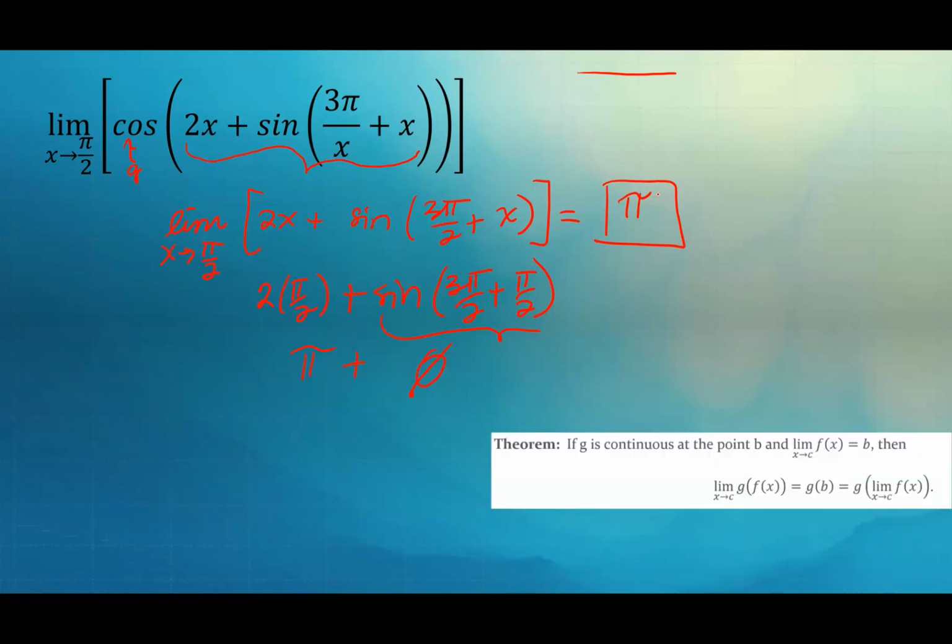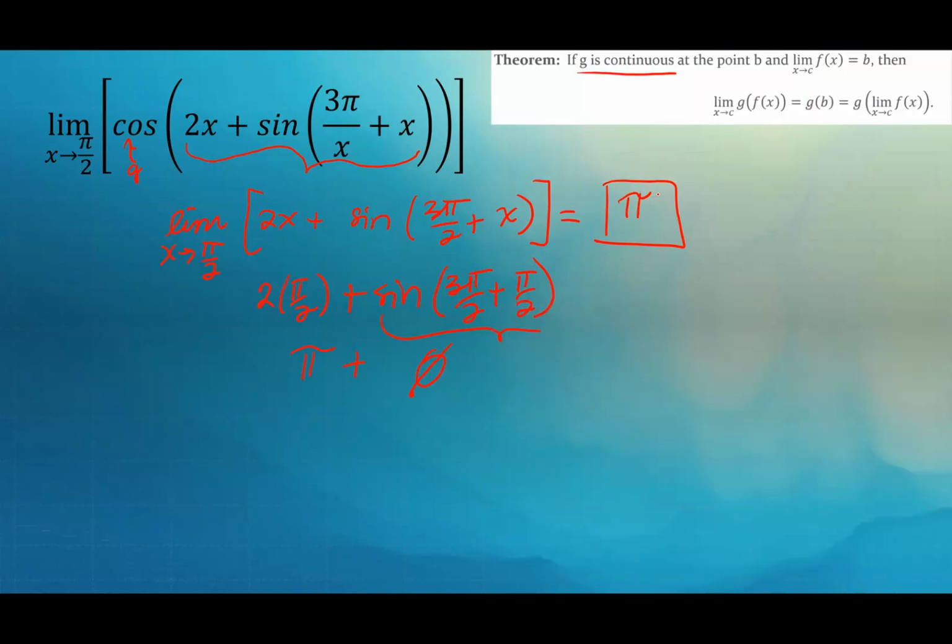So then the theorem will say that the limit is going to equal cosine of the limit as x goes to pi over 2 of this thing here, 2x plus sine of 3 pi over 2 plus x, which is cosine of, as we just showed, pi.